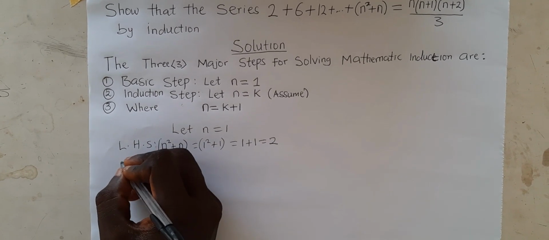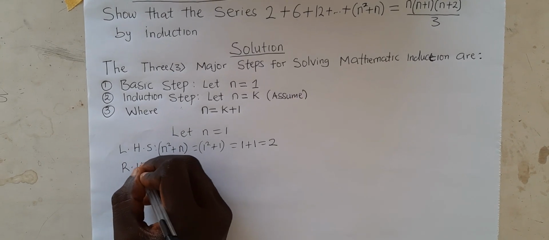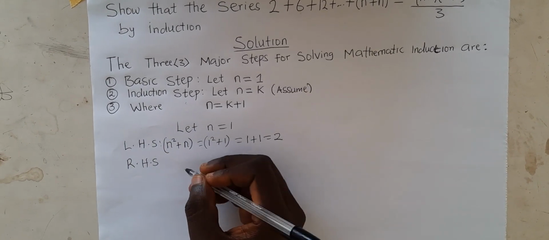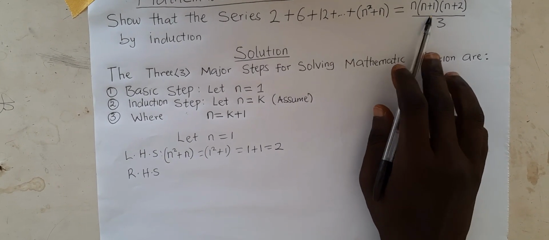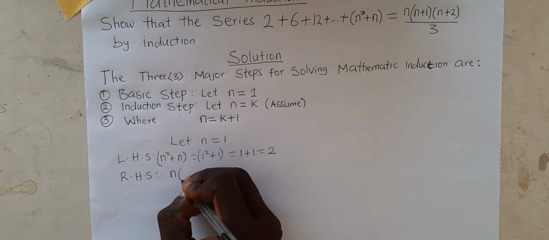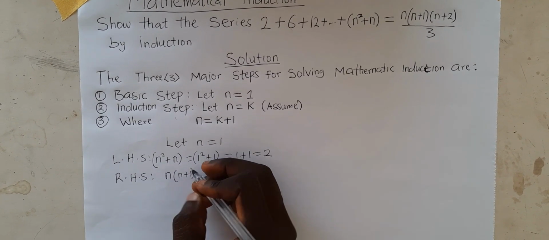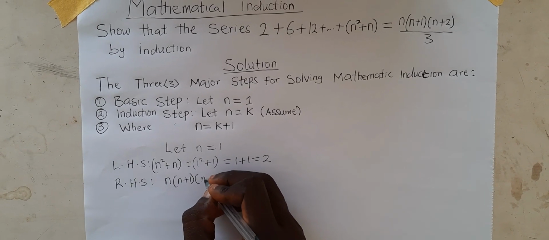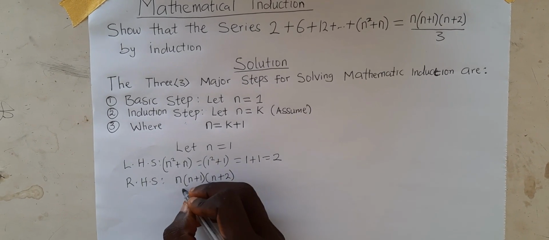While for the right hand side, this is the equation: n into bracket n plus 1, close the bracket, open another bracket, n plus 2, close the bracket, all over 3.